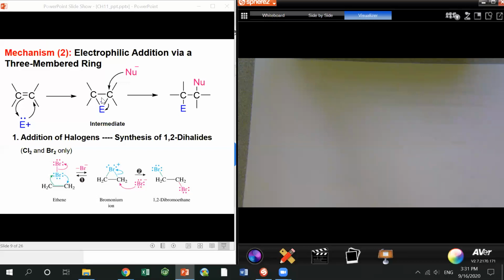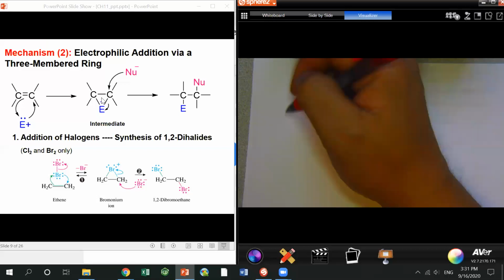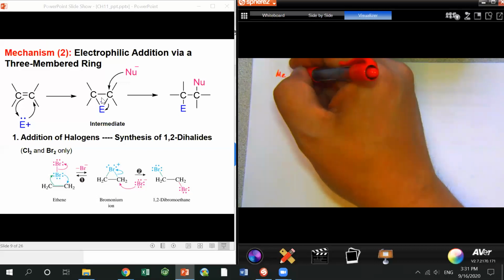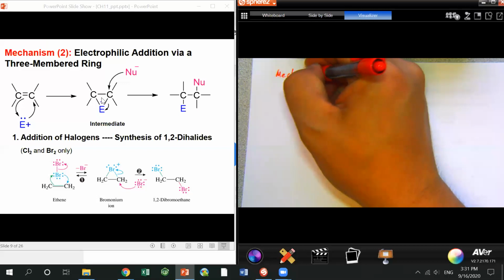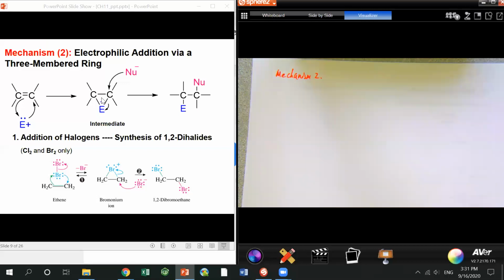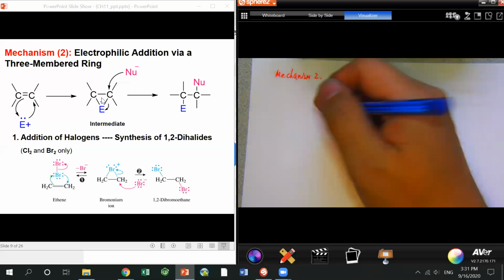Now we move to a little bit harder reactions, a harder mechanism. Mechanism two. In this one, electrophilic addition to the alkene forms a three-membered ring. The mechanism is shown on the screen, but I also want to draw it here.